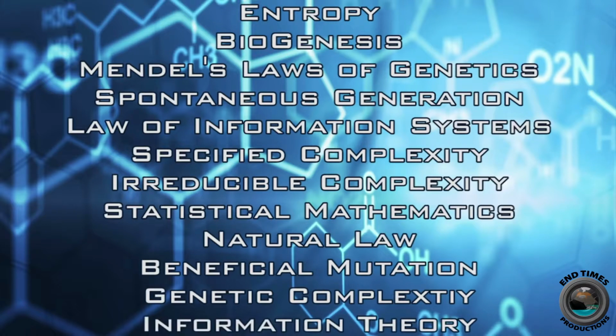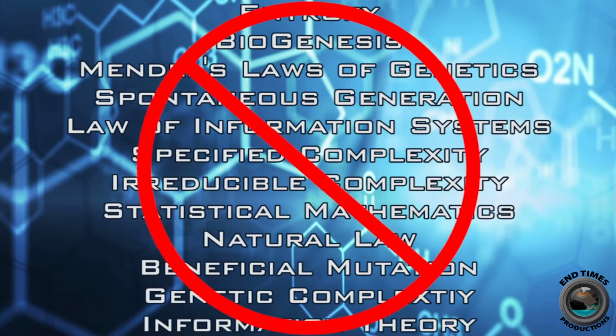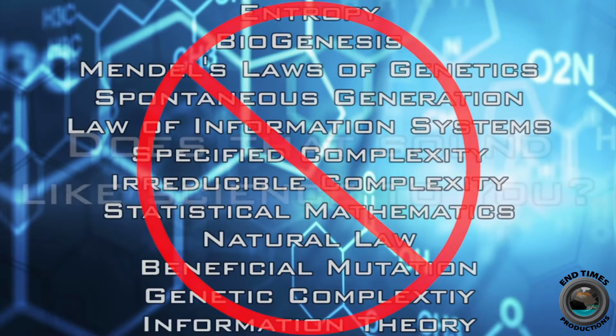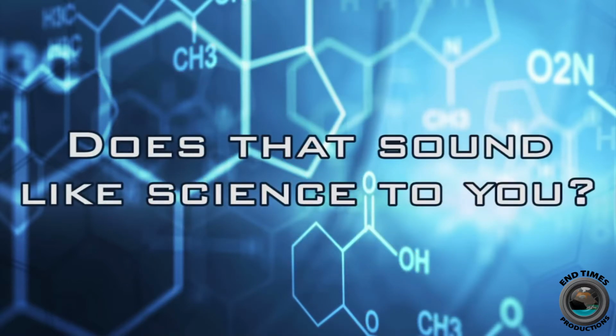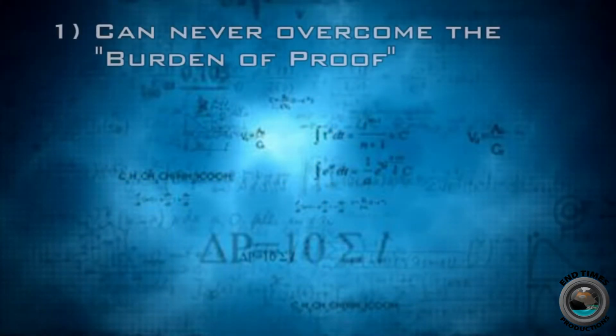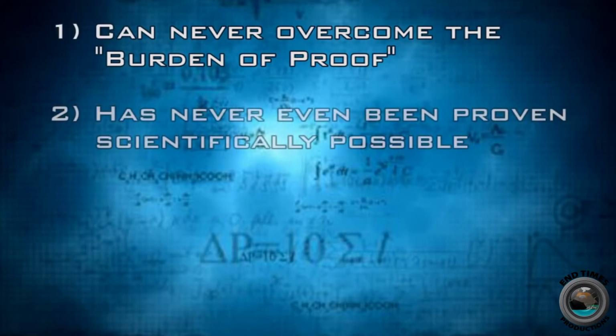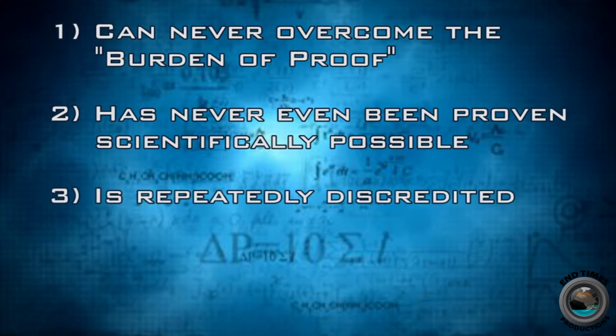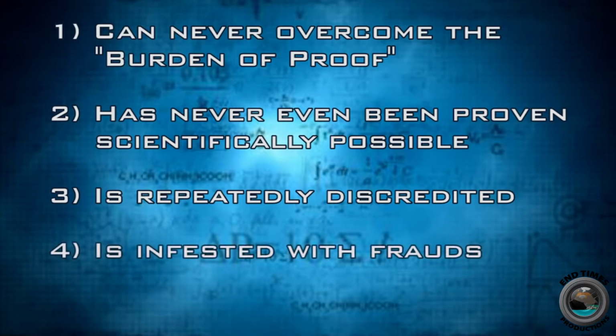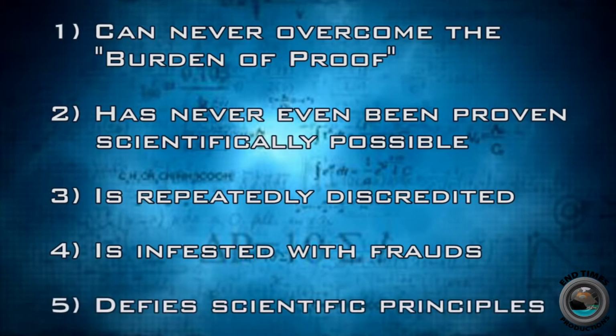Now folks, I must ask, how on earth can evolution be classified or considered a scientific fact when even at a fundamental level, even if proven possible, does not prove that it actually happened, has never actually even been proven possible scientifically, has been repeatedly discredited through fossil findings and recent research, hangs the majority of its most significant pieces of evidence on proven hoaxes, and defies numerous well-established scientific principles?